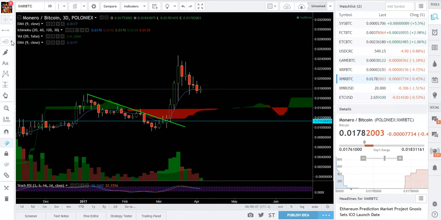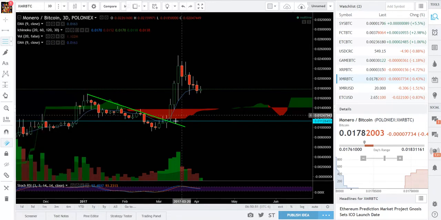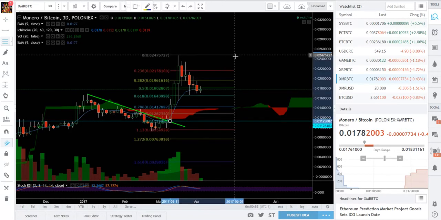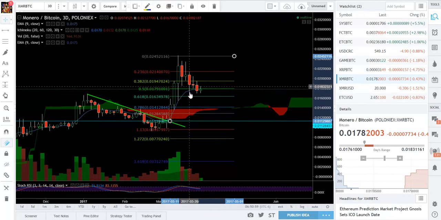You could say there's a larger move that happened in the market, basically from here to here. Now it retraced, almost tagging the 61% here.